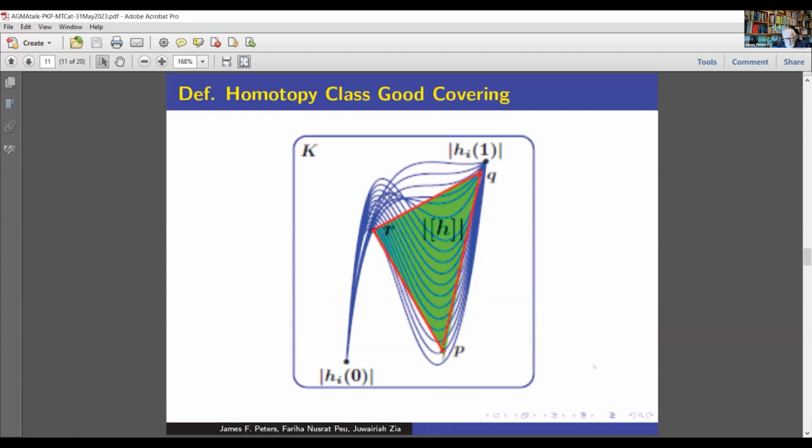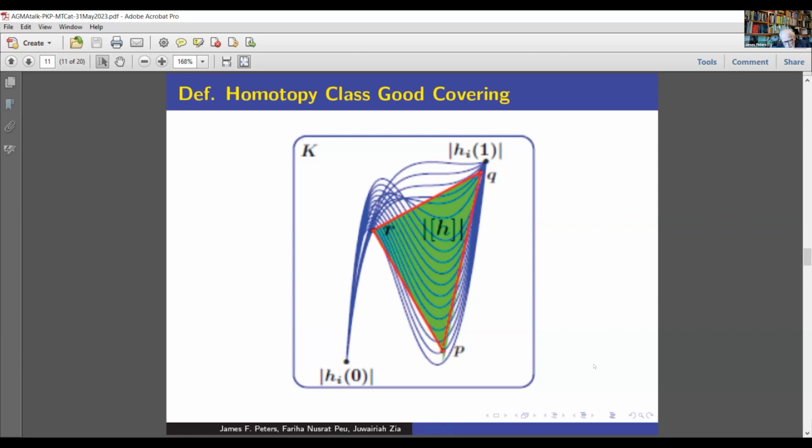Here's an example of what I consider a good covering. You have a geometric realization of a path class. In this geometric realization we have a collection of homotopy curves that overlap with an ordinary triangle.